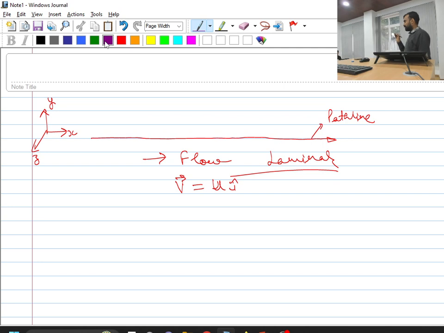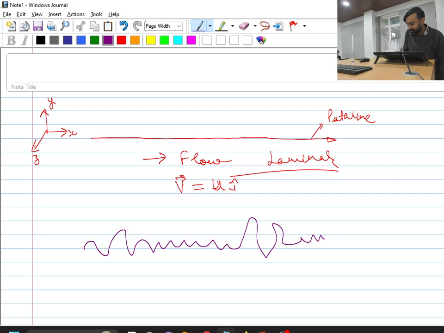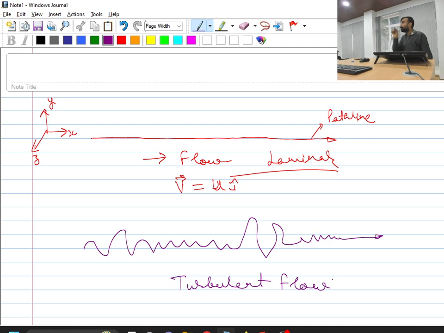On the contrary, in turbulent flow, the path line of the flow will not be a straight line, but will have some random patterns within it. This is a typical turbulent flow path line. The fluid particle is not moving in a straight and smooth manner, rather it has a significant number of flow fluctuations.